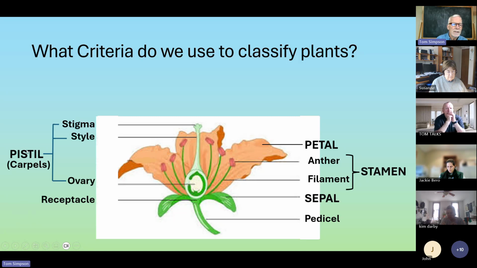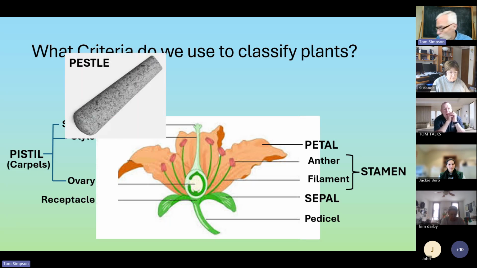And we now know that the pistil is made up of carpels, and it has the ovary, the fused carpels, and then it has a style and the stigma on the end that receives the pollen, and the style can be very short or very long depending on the flower. So I'll just mention those parts. And again, if you get confused or you've forgotten, just ask if I use one of these words later on.